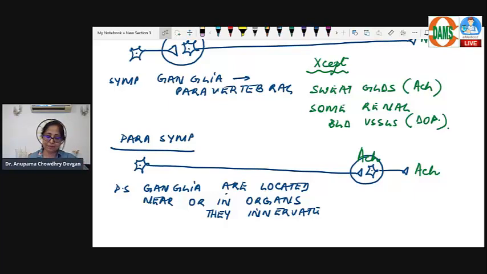Okay, the sympathetic ganglia are in the paravertebral chain, located paravertebrally. Yes, absolutely right. Preganglionic are myelinated, type B. Postganglionic are type C, which are unmyelinated.